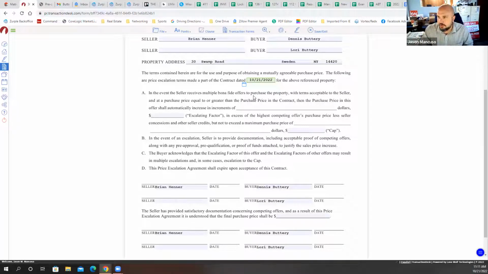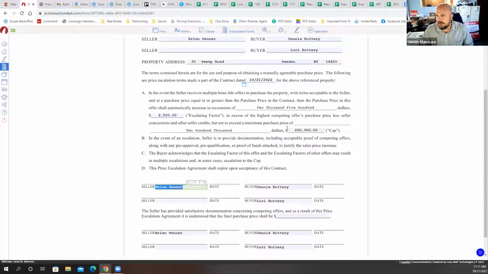Okay, so the 2 blanks we have to fill in are the escalating factor. What are you going to beat the next highest offer by? I'll just say $2,500. What's nice about this form is you fill it in here and then it writes it in here. And same thing here. We're at a list price of $159.9 is our initial offer. There's a competing offer. We'll beat the next highest offer by $2,500, and I'll just say up to a max amount of $200,000.